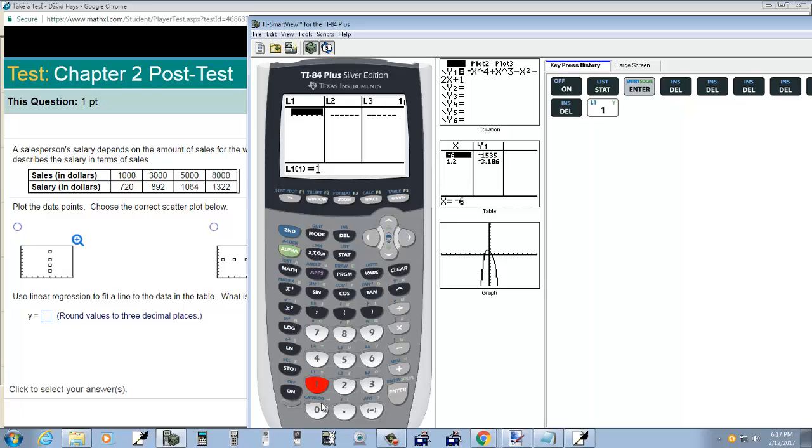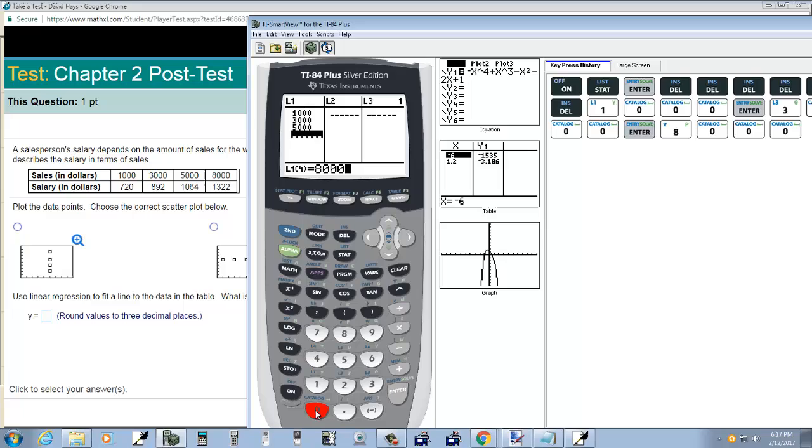And I'll put in 1,000, 3,000, 5,000, 8,000. And then for my y values, I'll put in 720, 892, 1064, 1322.